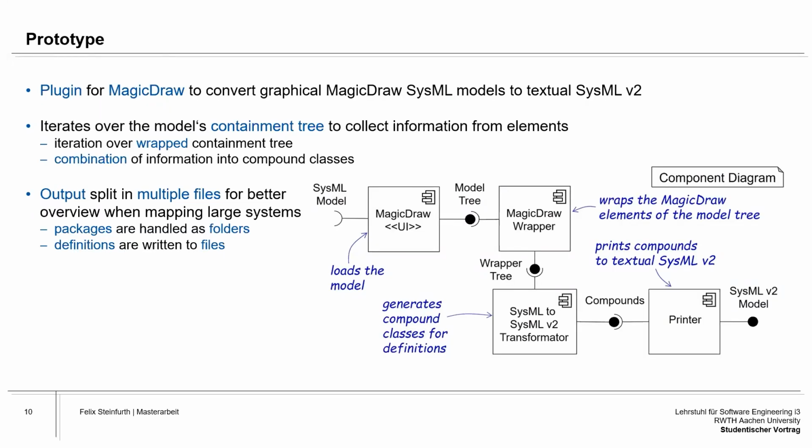We also developed a prototype in the form of a plugin for MagicDraw to convert graphical SysML models to textual SysML v2. Our plugin works in the following way.